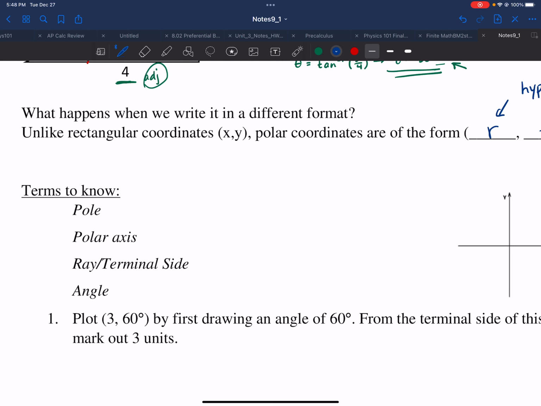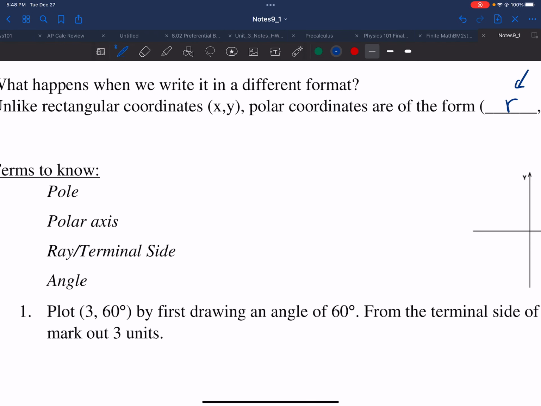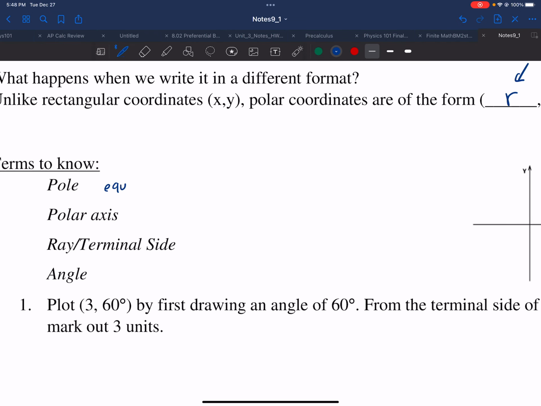So terms to know first, a pole, when we graph something like this, is the equivalent of the origin. And when I say the origin, it is where everything anchors.